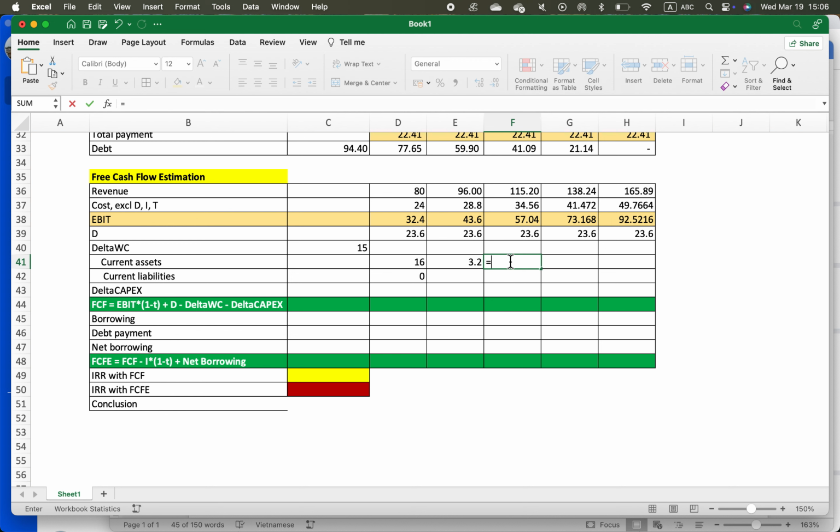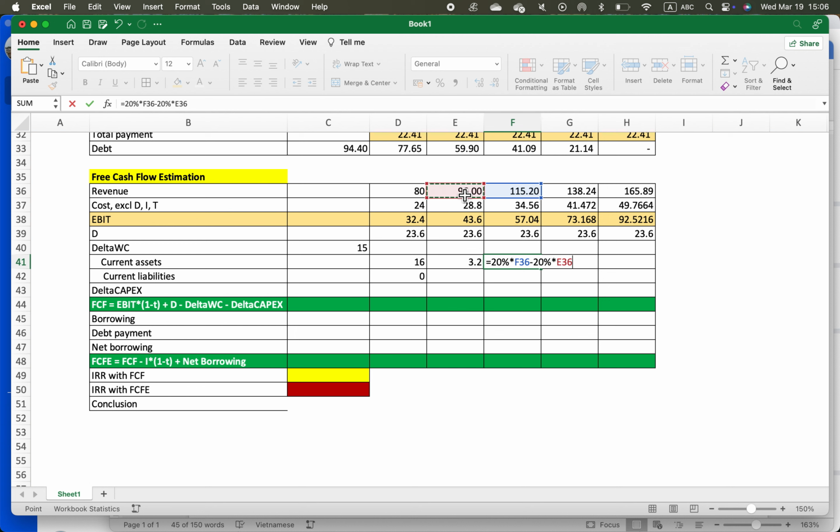So this one is gonna be 20% multiplied by revenue in here, minus what we have in terms of account receivable from revenue of the previous year. So minus 20% of this one.